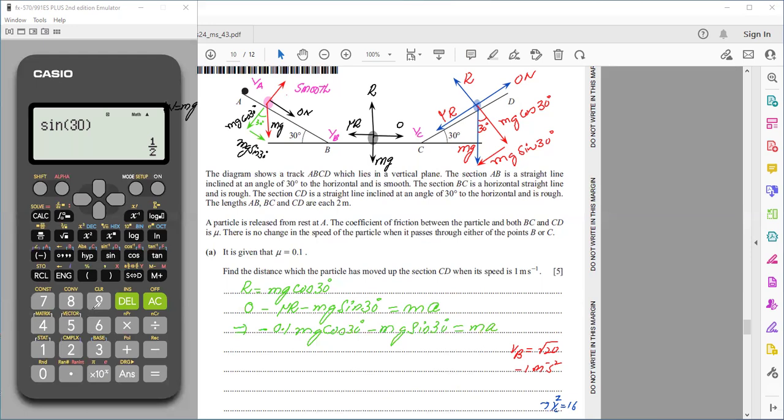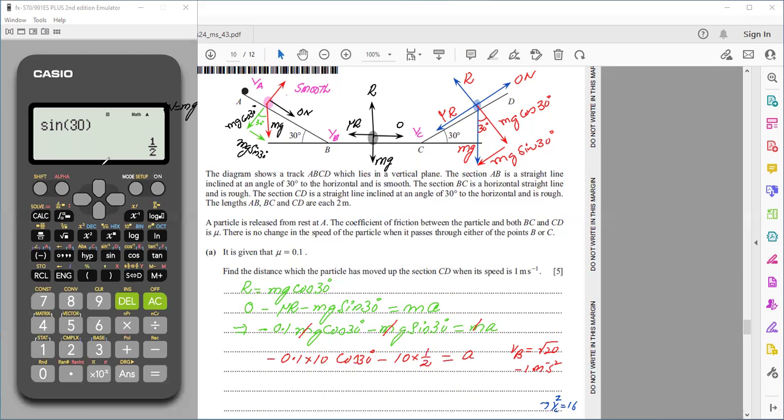Now you have to cancel the common terms: m cancels on both sides. Now I have to find the value of a. So a equals minus 0.1 into g, that is 10, into cos 30. We have to find the value of cos 30. Minus g, that is 10, into sin 30, that is 1 by 2. That will give the value of a.